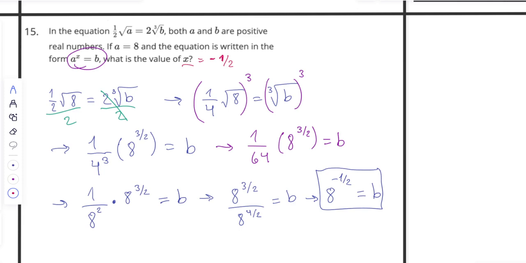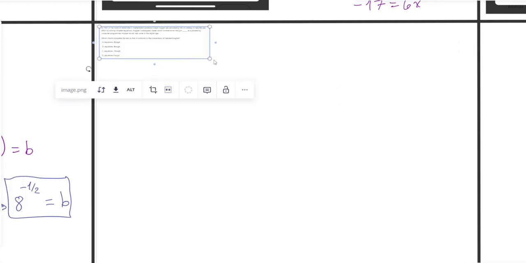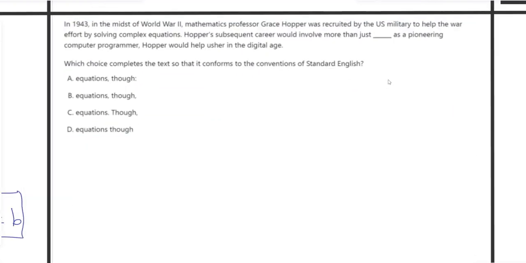Okay, we maybe have a submission. Okay, I'll put it in. This looks like maybe one we did for SAT question of the day.